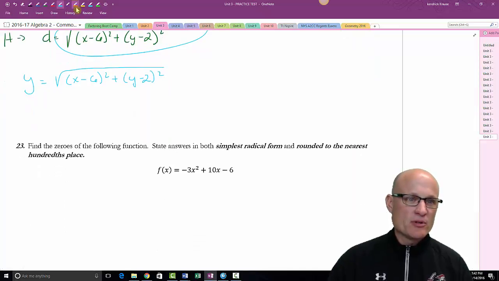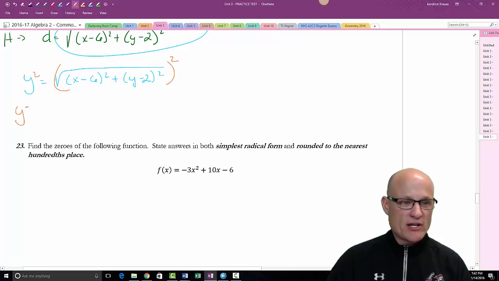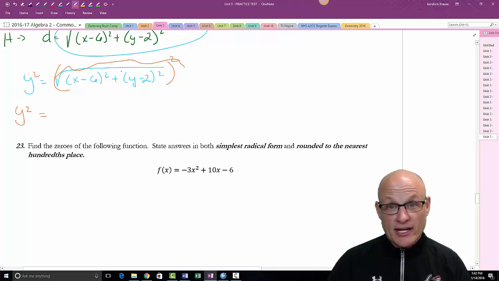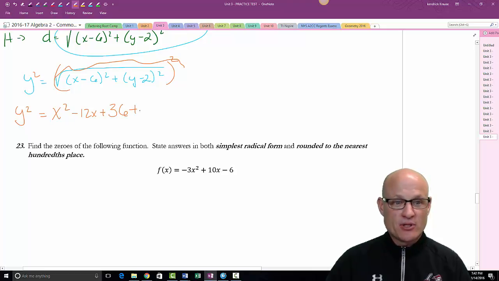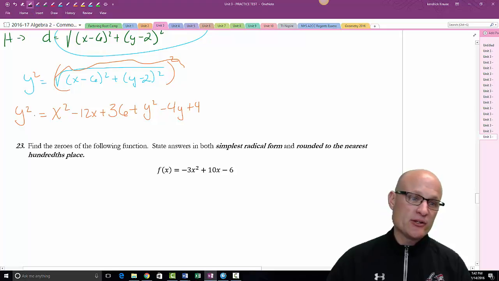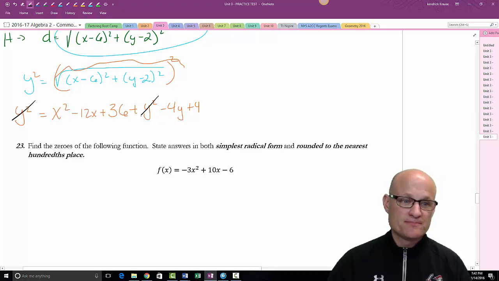So we're going to square both sides. So I end up with y squared over here is equal to, this cancels, but I'm going to double distribute again, so get good at this, kids. X squared, double the negative 6, I get negative 12x plus 36 plus y squared minus 4y plus 4. Hopefully your y squareds cancel.